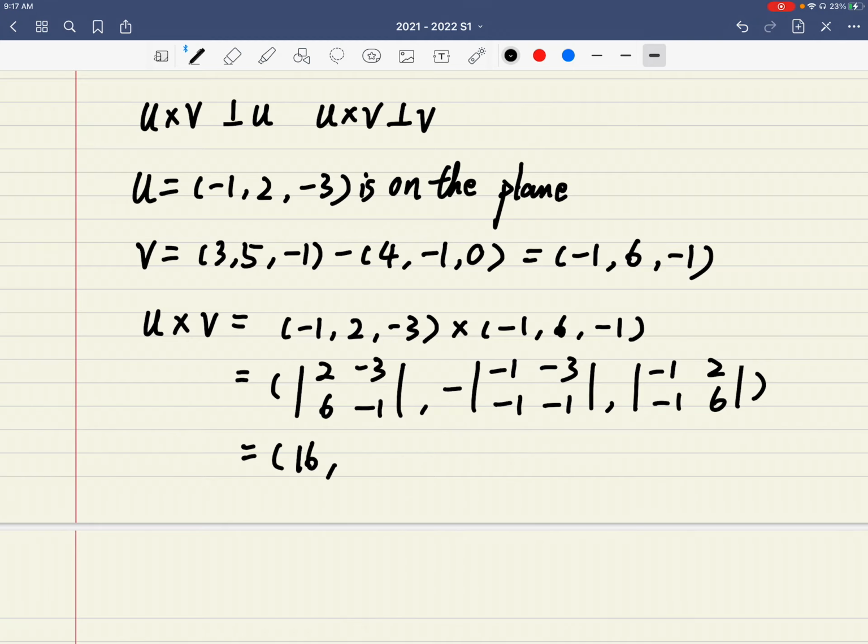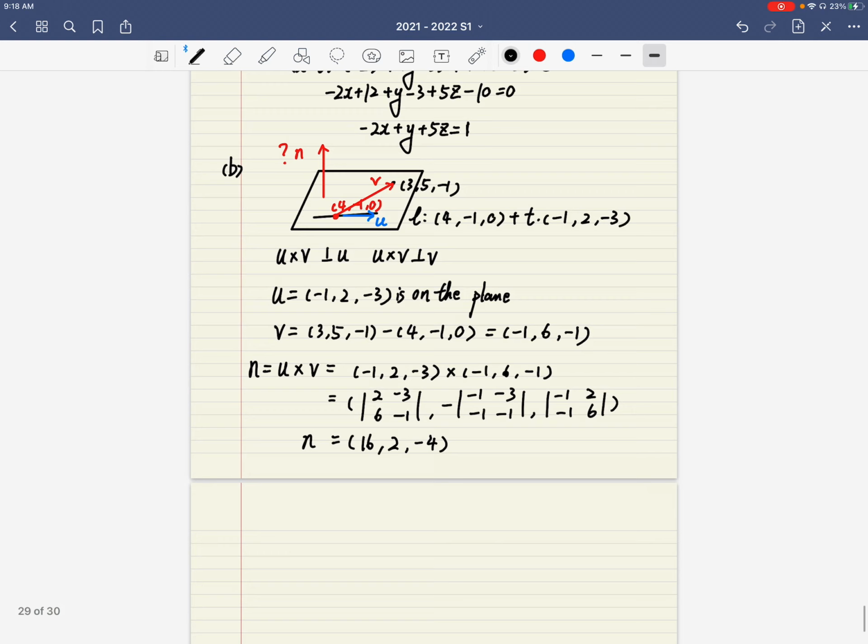The second one is the product of these two numbers, which is 1, minus the product of these two numbers, which is 3. So it's -2, and with the extra negative sign, it's 2. And here it's the product of these two numbers minus the product of these two numbers, so it's -6 minus -2, which is -4. So this is u cross v. This is a vector that is perpendicular to the plane.